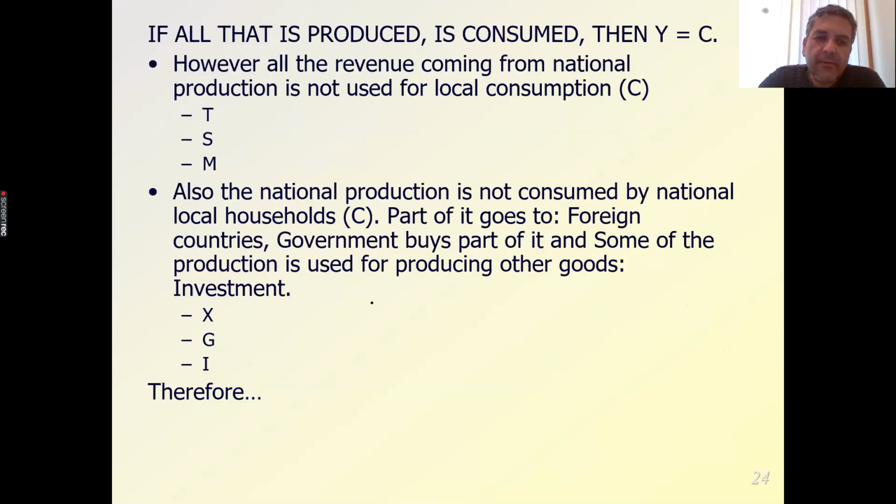I'm just going to go quickly, because we have said that if everything produced in an economy is also consumed, then in a closed economy, in autarky, Y equals C. So national income equals national consumption, or household consumption. But because we have leakages and injections, all the leakages, which are taxes, savings, and import expenditure, could be injected back into the economy as government expenditure, investment, and export revenue.